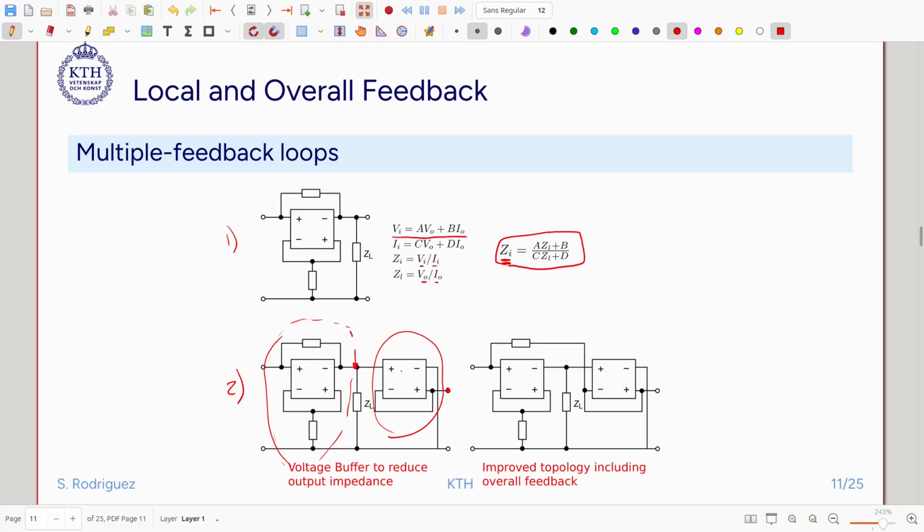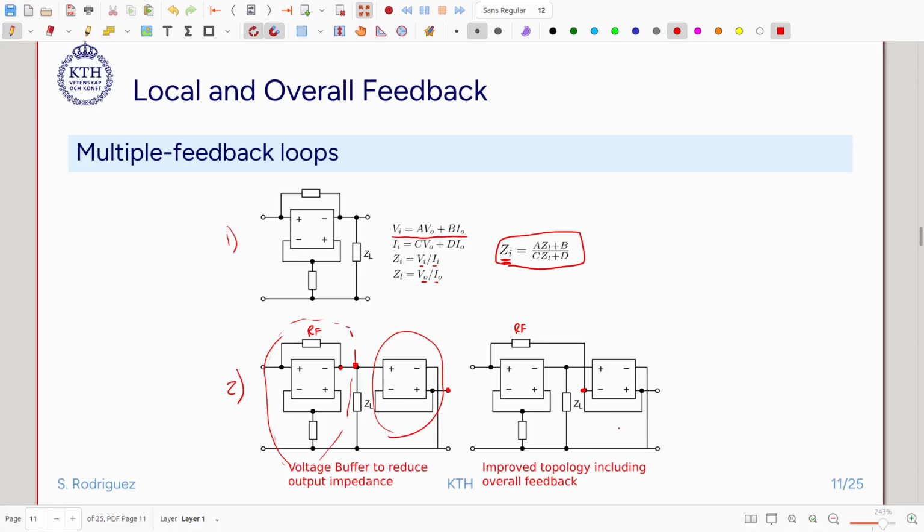It needs to be isolated so that it doesn't affect the gain of the first stage. There is nothing particularly wrong about this connection. However, it can be improved a lot. Instead of connecting the impedance RF to the output of the first stage, we can connect it to the second amplifier stage.